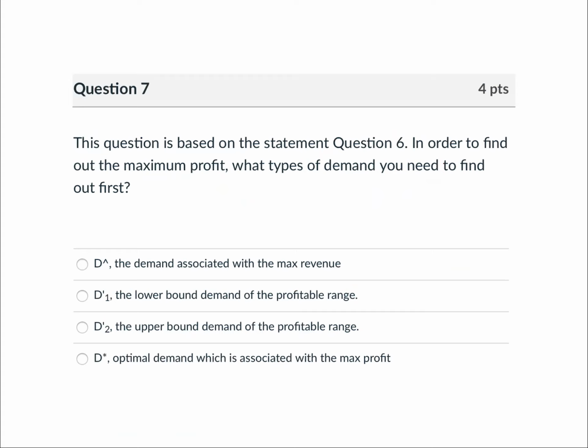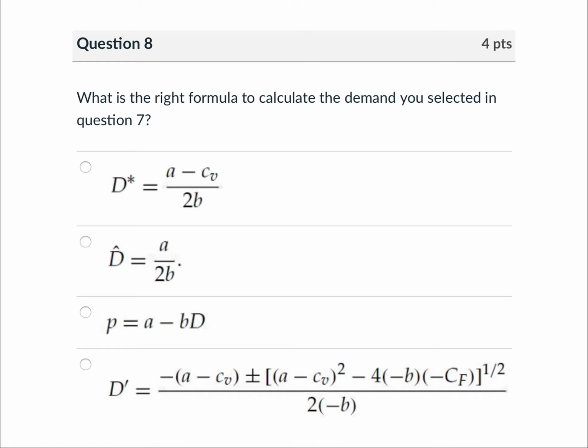And then the question is, in order to find out maximum profit, what type of demand do you need to find out first? For maximum profit, you want to go with the D star, which is the optimal demand. So D star, that's the right one. What is the right formula to calculate the demand you selected in question number 7?